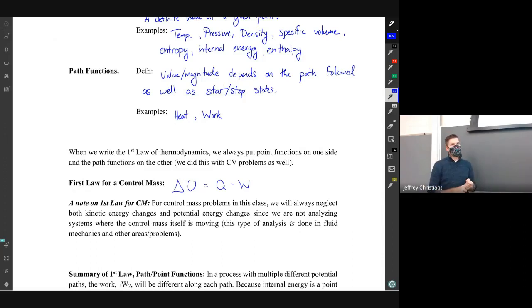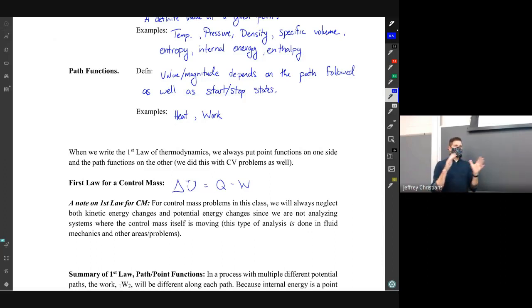We're going to always cross them out in control mass problems, not because there's something fundamental where they are always crossed out. Sometimes they're important. The control mass problems that we're going to deal with are going to be exclusively piston and cylinder problems, because that's an easy way to think about it when you're learning some of the theory, which is what we're trying to do.